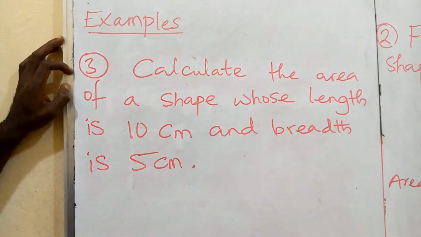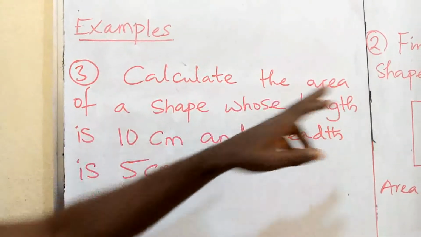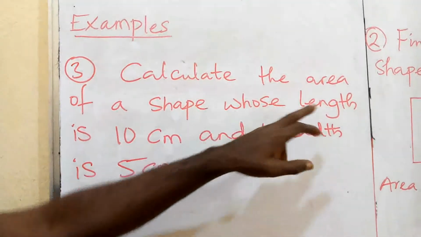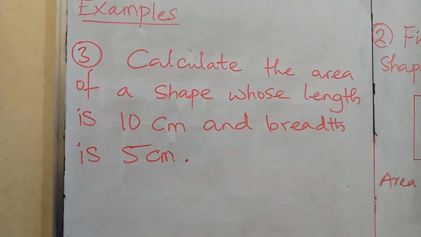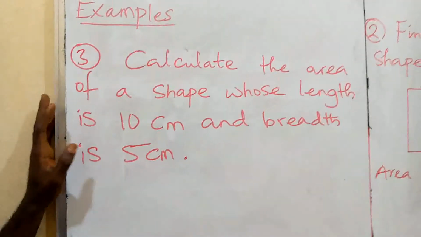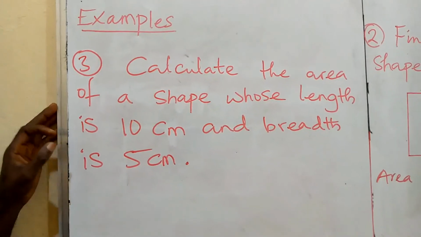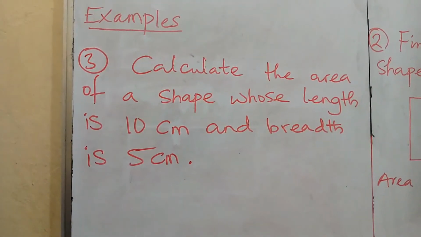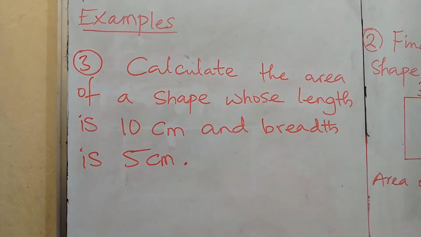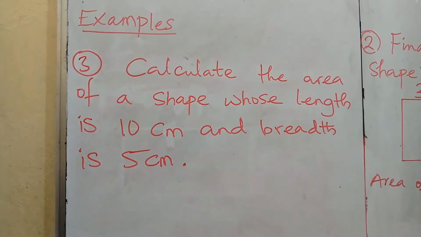All right, here is example 3, and the question is, calculate the area of a shape whose length is 10 centimeters and breadth is 5 centimeters. This is a word problem, and remember, I told you that before you solve any word problem, you read it over and over again and get the understanding before you start solving.